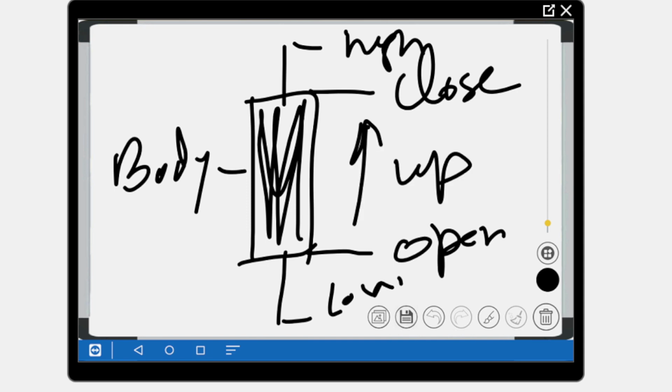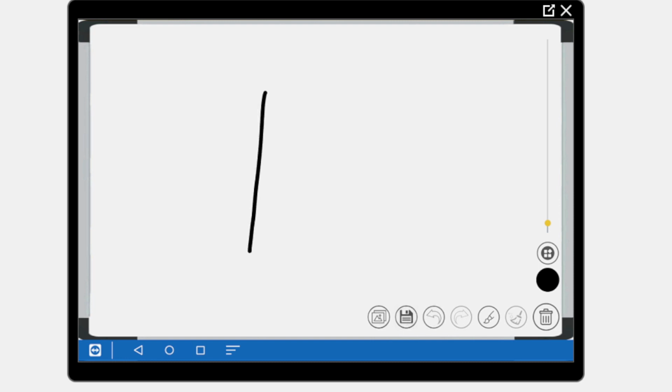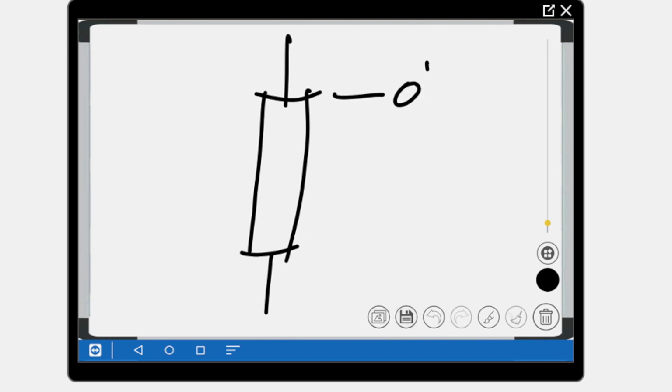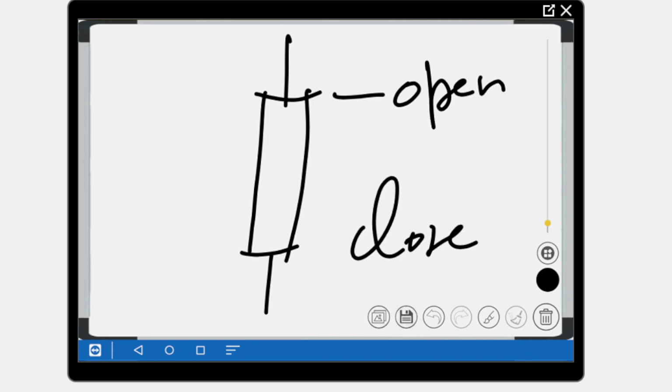Let's look at a bearish candlestick. This is a candlestick. If price opens and closes here, if the close is below the open, now we have a bearish candlestick.